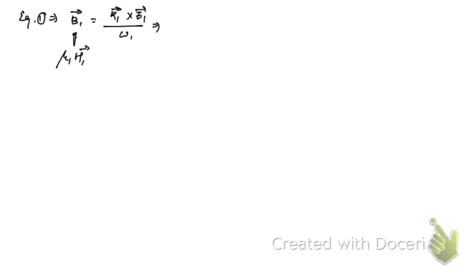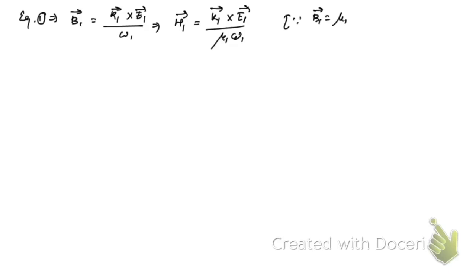So it implies H1 vector is equal to K1 cross E1 divided by mu1 omega 1. That's what we can write, since B1 vector is equal to mu1 H1.